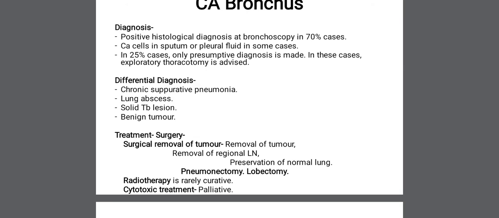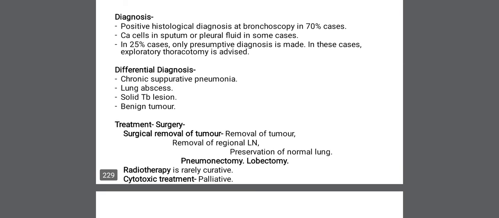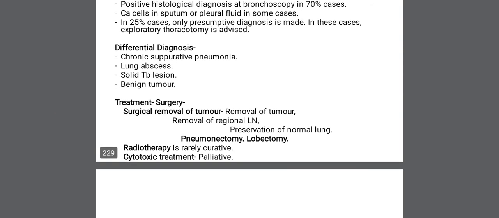The differential diagnosis is chronic suppurative pneumonia, lung abscess, solid tubercular lesion, and benign tumor. So you have to take a detailed history of the patient, which along with investigations will reveal the diagnosis.